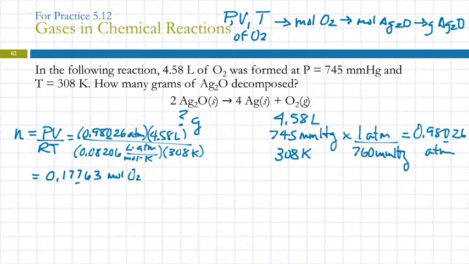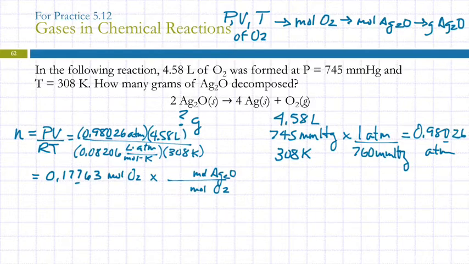So now we're here, moles of oxygen. So we can go to moles of silver oxide and grams of silver oxide. So moles of Ag2O divided by moles of O2. What's the relationship? It's 2 to 1.